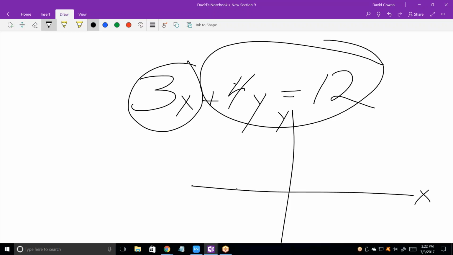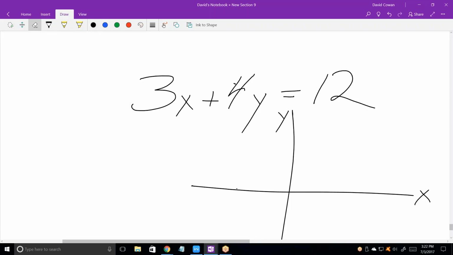What's y equal to? 3. Okay. That's the y-intercept. In other words, this point, 0, 3, satisfies that equation.